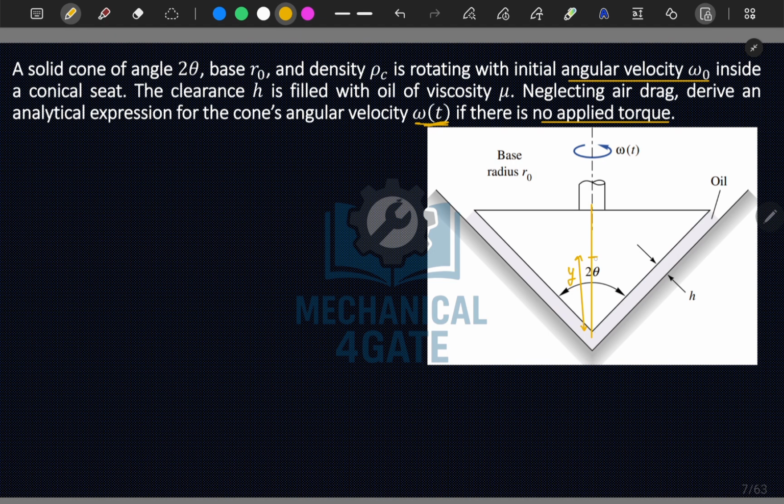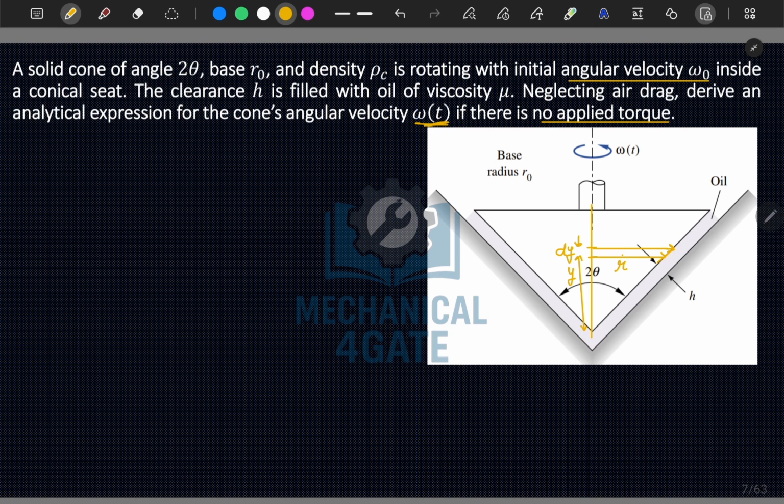At this distance y we are taking this radius, that is r, and let's take up to a height of dy. Here again your radius will be r only, and this is your contact length.